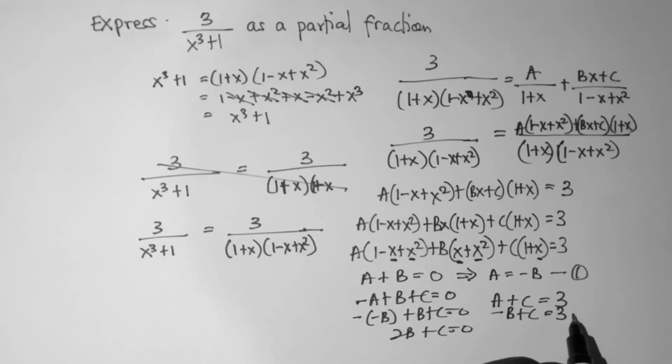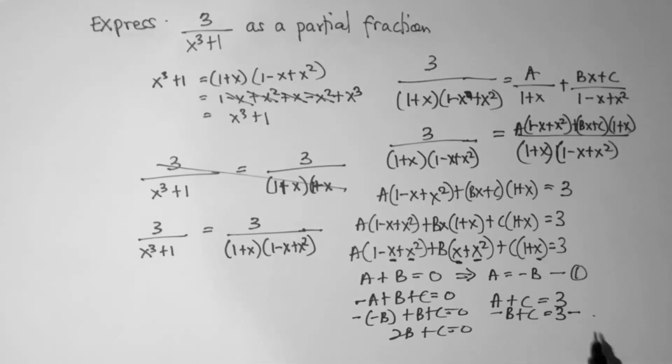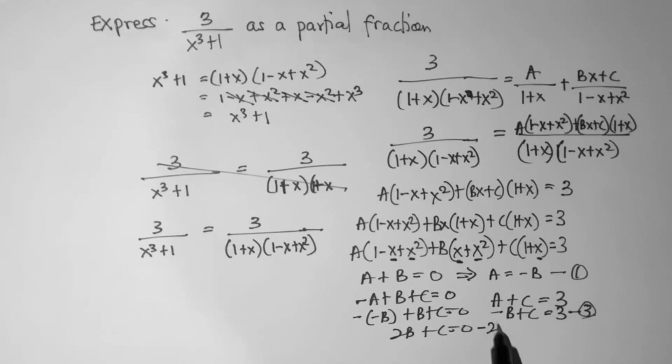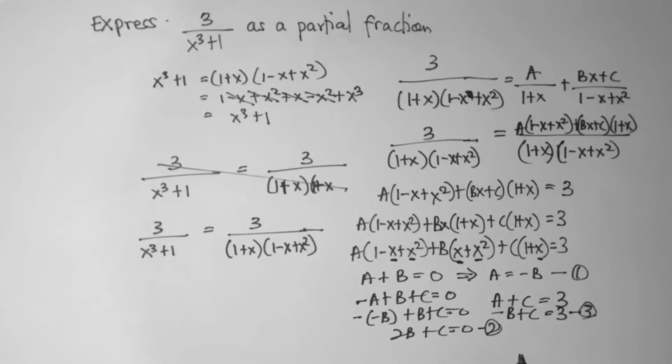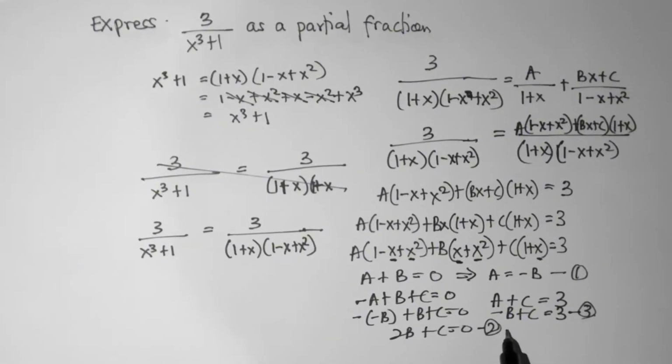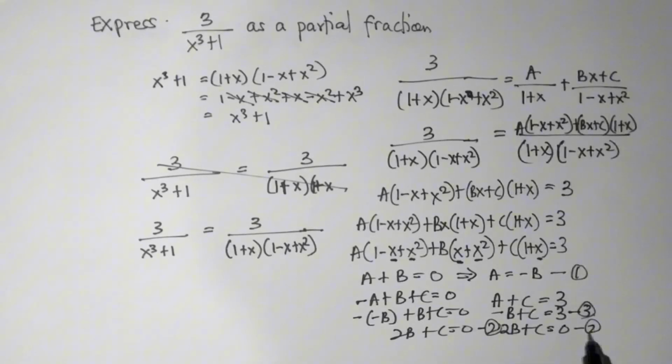So this becomes our equation 3, and the previous one becomes our equation 2. Now, let me write equation 2 down here. We have 2B plus C is equal to 0. So this is equation 2.